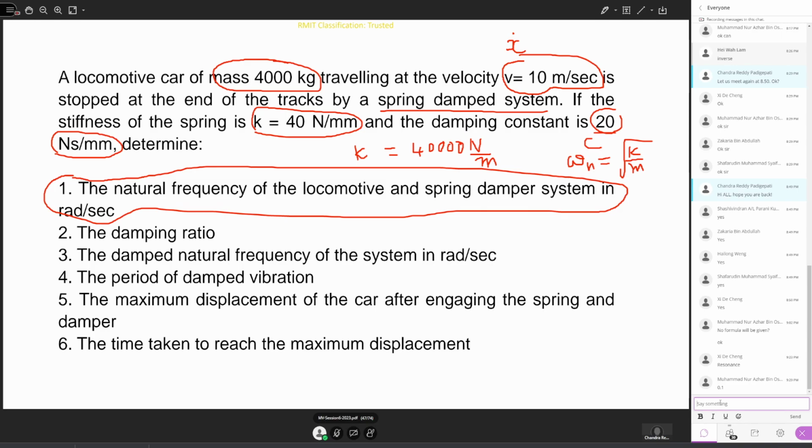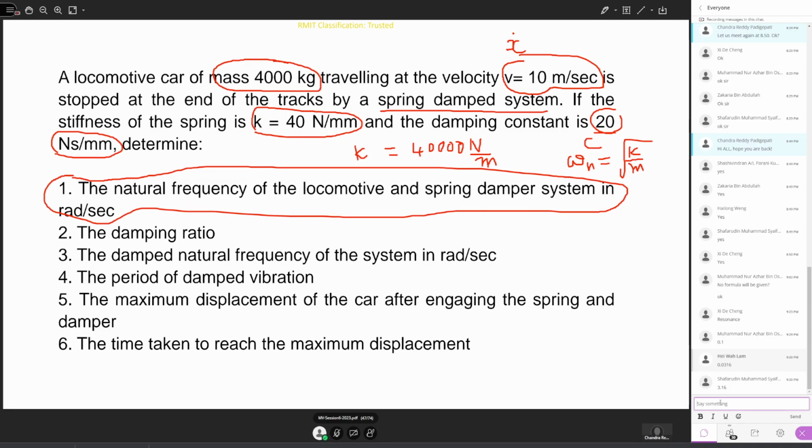So guys, anyone? I think the answer should be 3.16 radians per second.